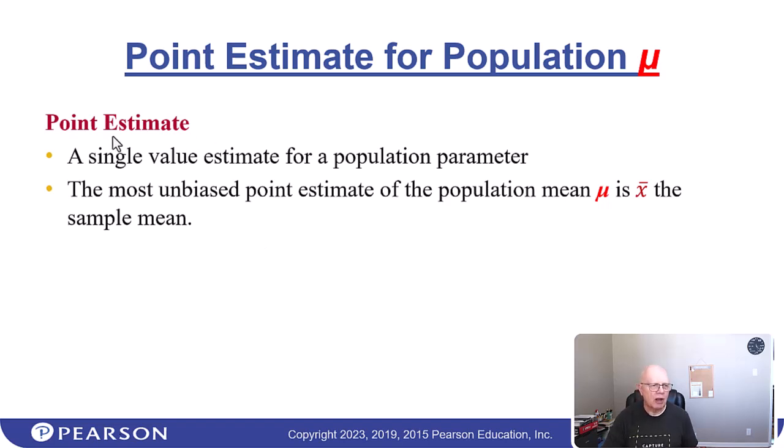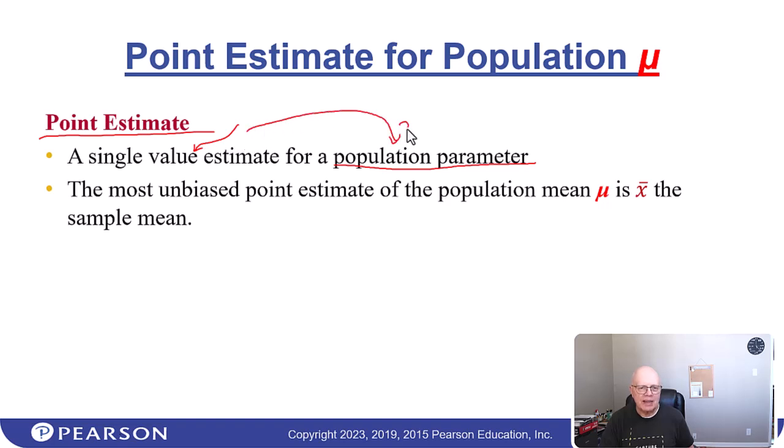Okay, we talked about point estimate, and the starting point here is you're interested in the population parameter. For example, it might be the weight, the average weight for whatever you're interested in. Now, the point estimate means there's one number that maybe you can find that'll give you an idea what this really is.